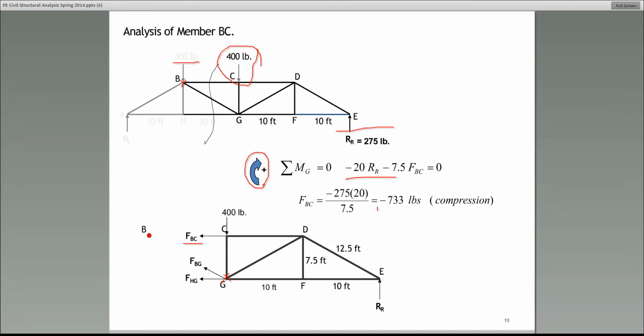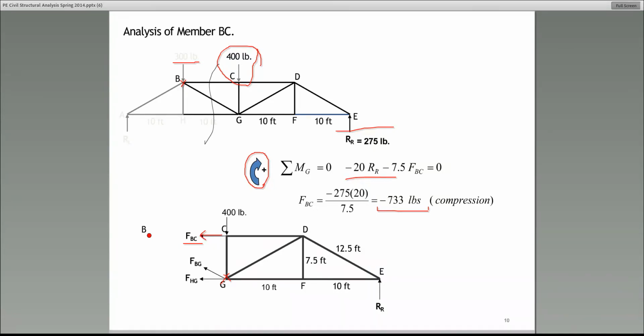How do we decide the force in member BC is in compression and not tension? All right? Here's what we do. In order to do that, you have to decide whether the internal force in the member, let's talk about BC, pulls away from the joint.